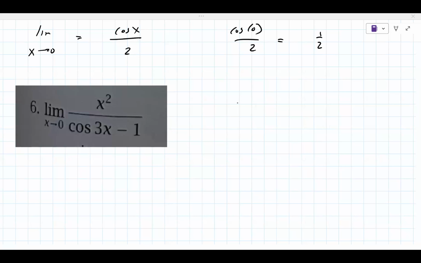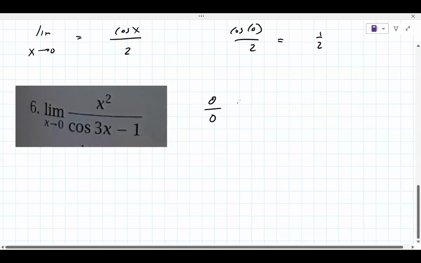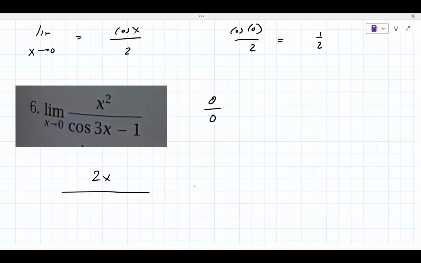You said you got 2/9 here. Okay, that sounds right. It is an indeterminate form like that. We've got an issue here where it becomes 2x over 3 minus 3 sine 3x.